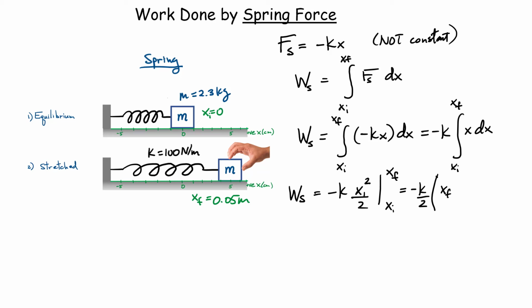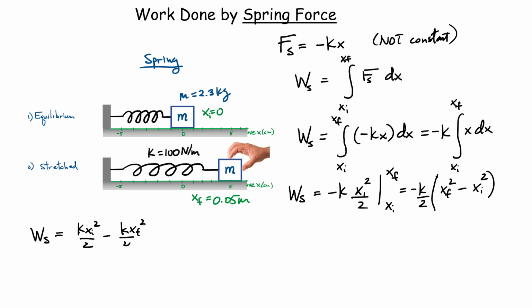So I get x final squared minus x initial squared. Now to clean up this expression a little bit, let me distribute this negative sign in the front. So the final expression for the work done by the spring is going to be kx initial squared divided by 2 minus kx final squared divided by 2.